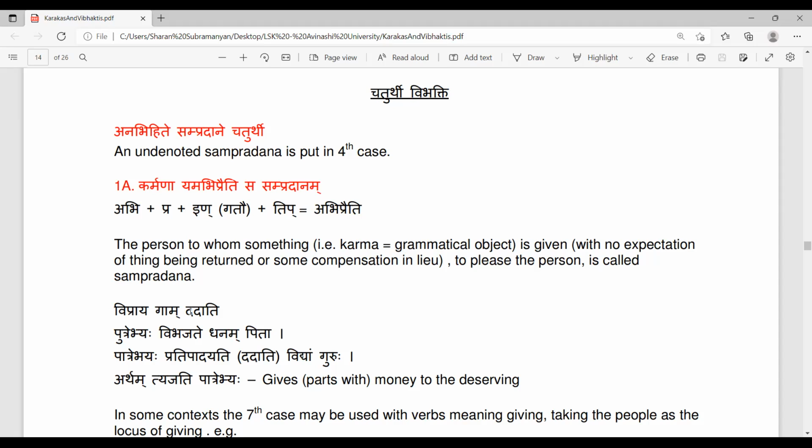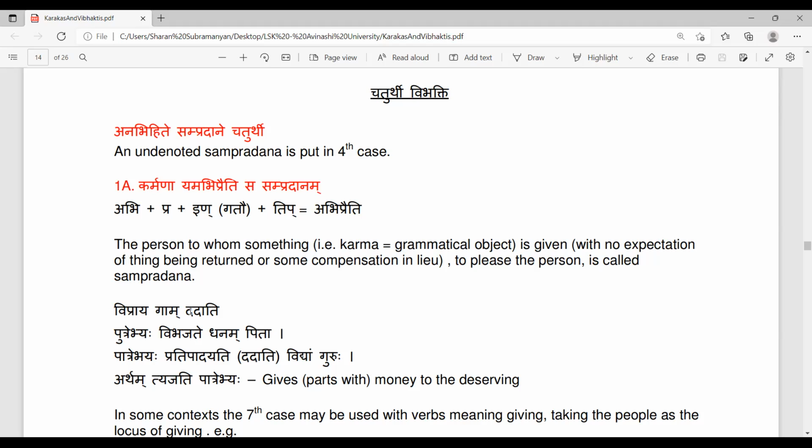Anything you do with expectation will not take Sampradana, because it's a business. You give something without expecting anything in return. Because you give a cow, you don't expect anything in return. So it's a dana kriya, charity.